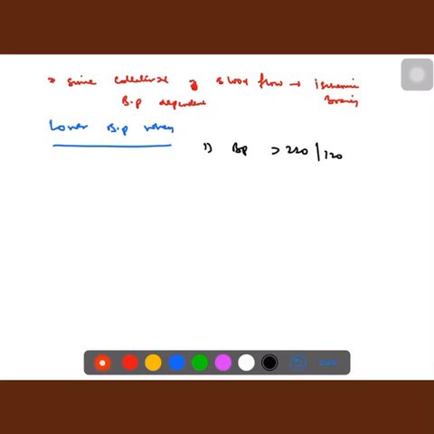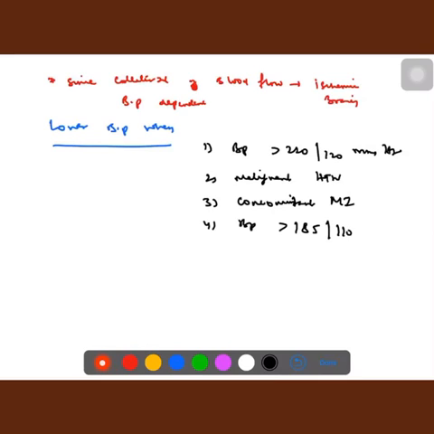One, if blood pressure is greater than 220 by 120 mmHg, malignant hypertension, or concomitant myocardial ischemia. Then, BP greater than 185 by 110 if you are planning for thrombolysis. So these are the conditions.